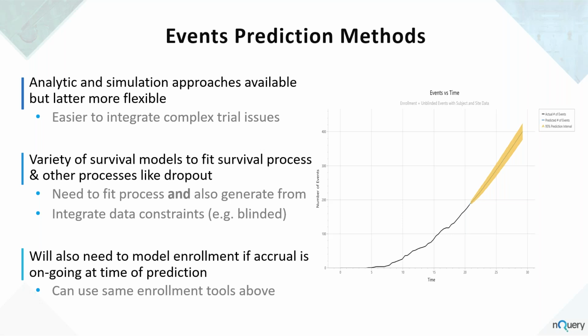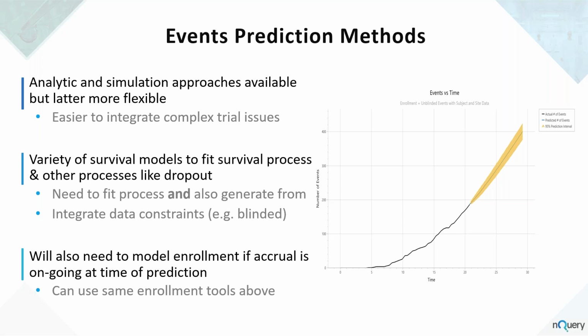And there's a variety of different models that you could use, like exponential, Weibull, log normal, etc. The same models are often useful for modeling processes like dropout, for example. So we need to fit our process, and preferably get a good, accurate estimate of what the survival model would be.